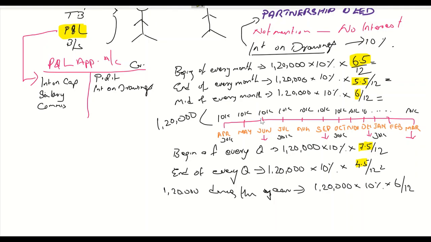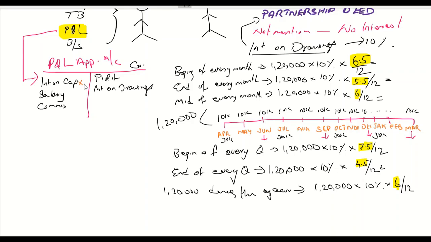So if the question just mentions that the partner withdrew a total of 1,20,000 during the year, we will again calculate it for 6 months. Hope you got this.